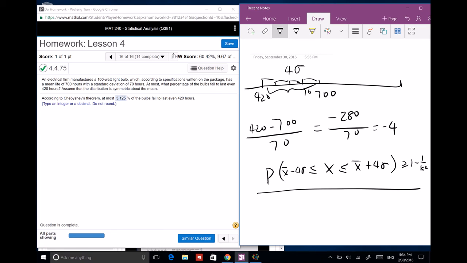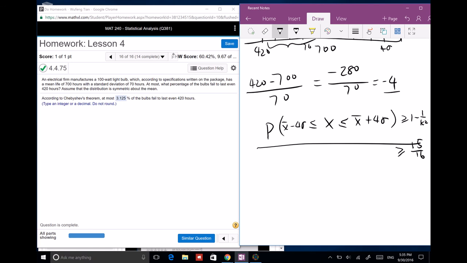That's the formula, right? Well, k equals 4. So in between, 4 sigma here, so 700 plus 4 sigma, and between these two is bigger than or equal to 15 over 16.